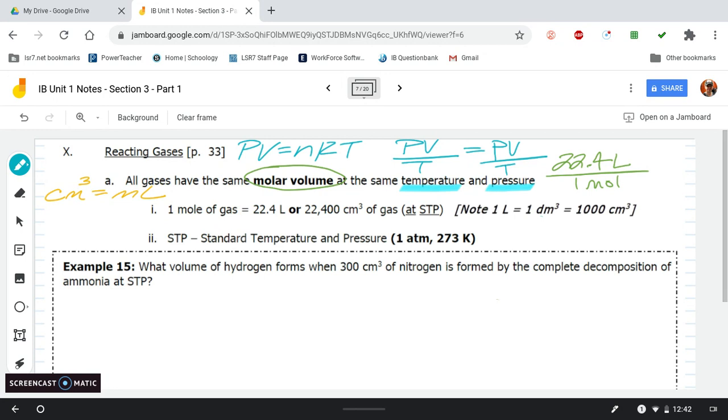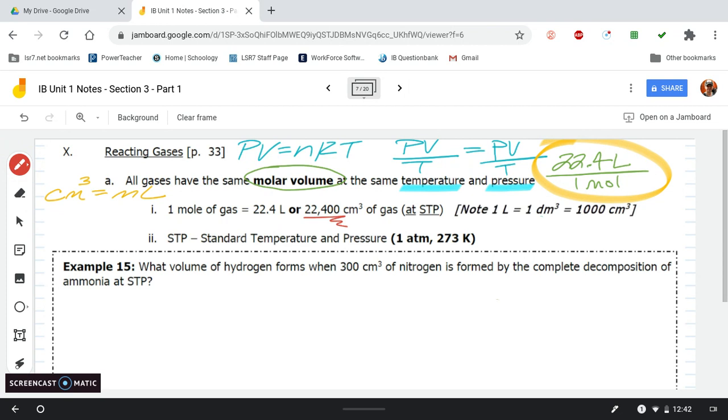Okay, so this 22.4, we want to really remember that. That's the common one. And in IB, you are going to see that they like to use this value here, which is the milliliter or the centimeter cubed. It's the same exact thing.